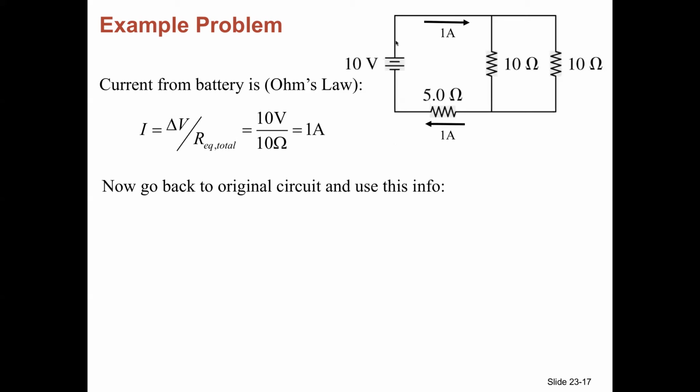So if we wanted to find the voltage lost on this 5 ohm resistor, we can do that using Ohm's law. There must be 1 amp of current going through that 5 ohm resistor. That means we must lose 5 volts across that 5 ohm resistor.